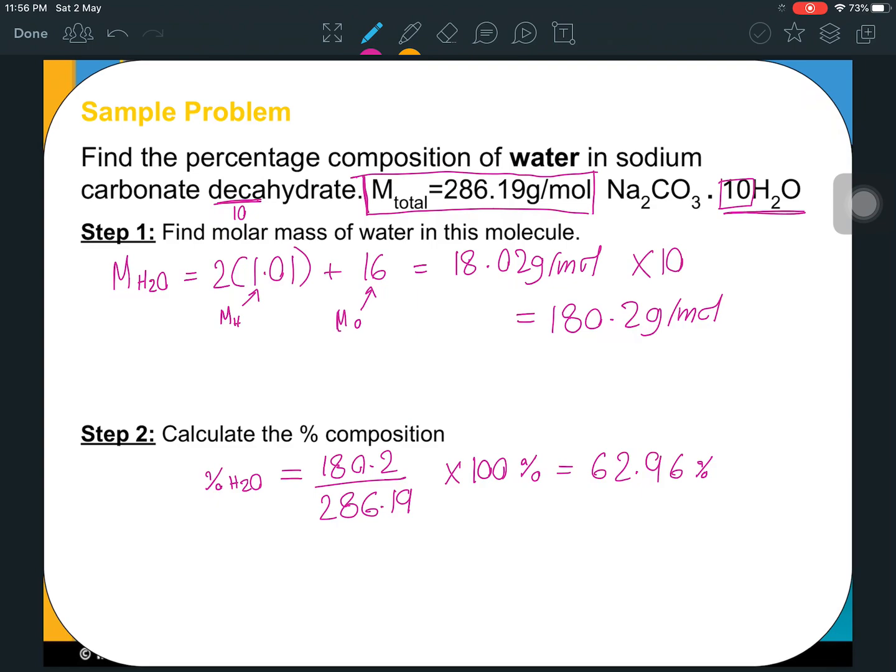All right? So this basically tells us that about 63% of this whole compound's weight comes from water. So if I took this compound and dried it up, it would lose a whole bunch of weight from that, right? And the remaining weight in the compound comes from the rest of this sodium carbonate, all right?